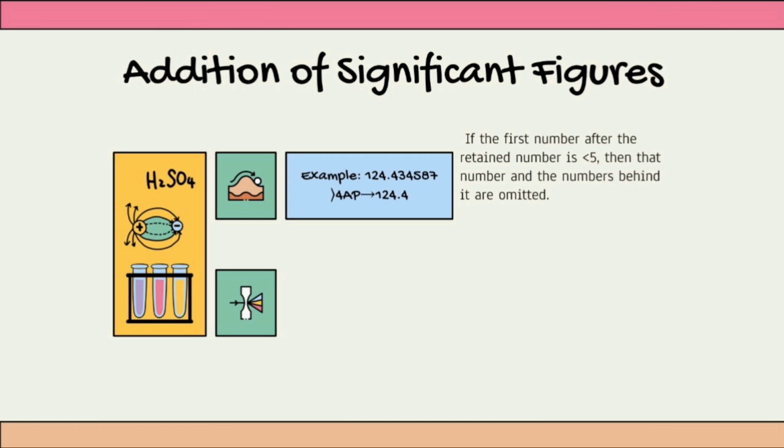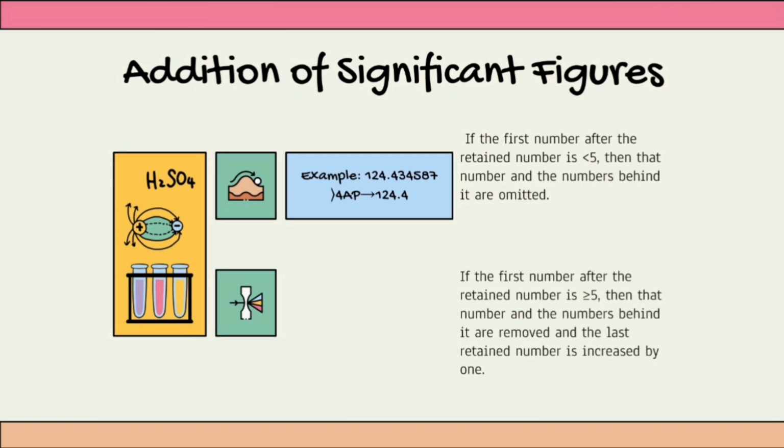For example, 124.434587 becomes 124.4. And if the first number after the retained number is 5 or bigger, then that number and the numbers behind it are removed and the last retained number is increased by 1.